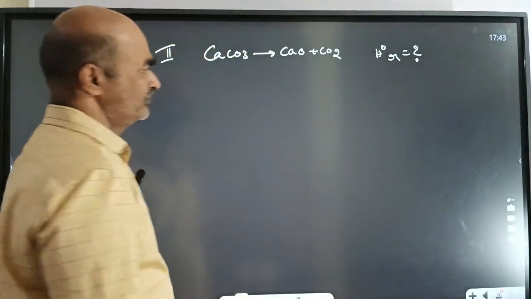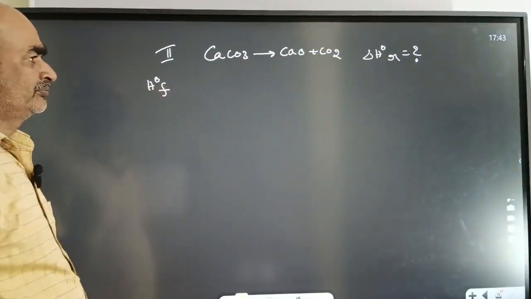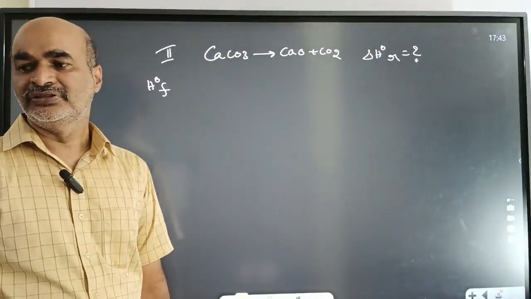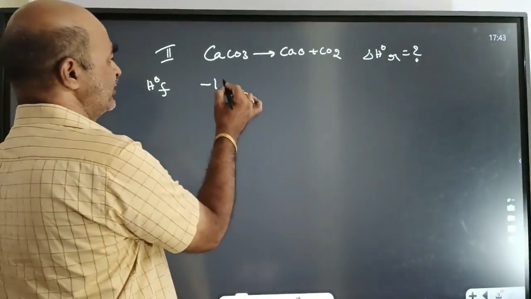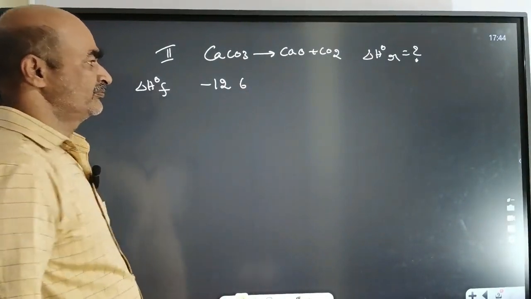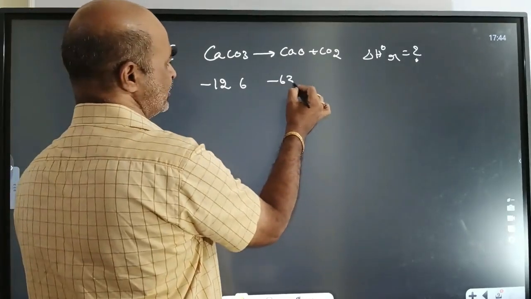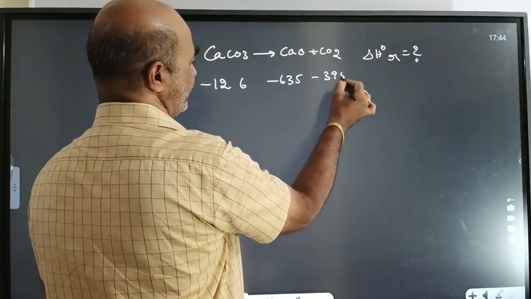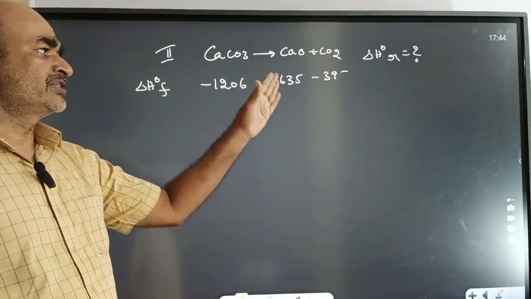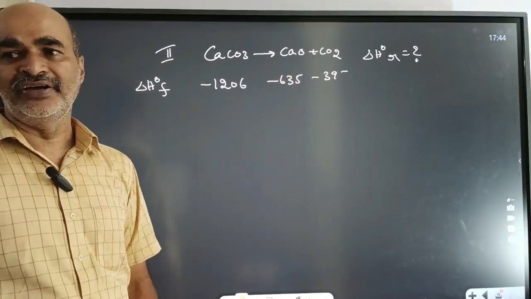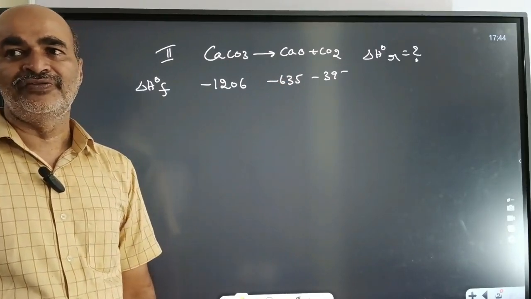Given that the enthalpy of formation of CaCO3 is minus 1206 kilojoules, CaO is minus 635 kilojoules, and CO2 is minus 395 kilojoules.